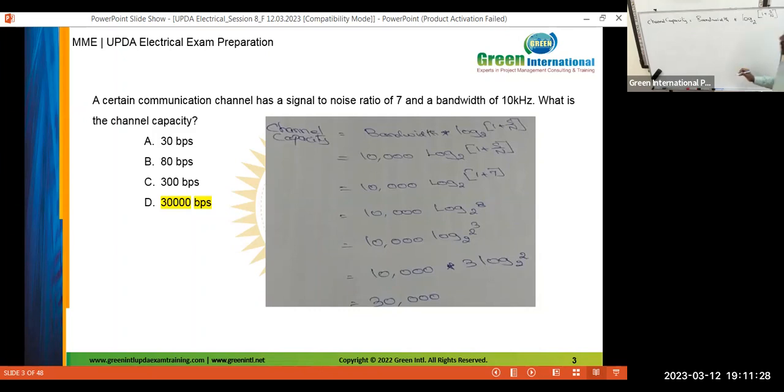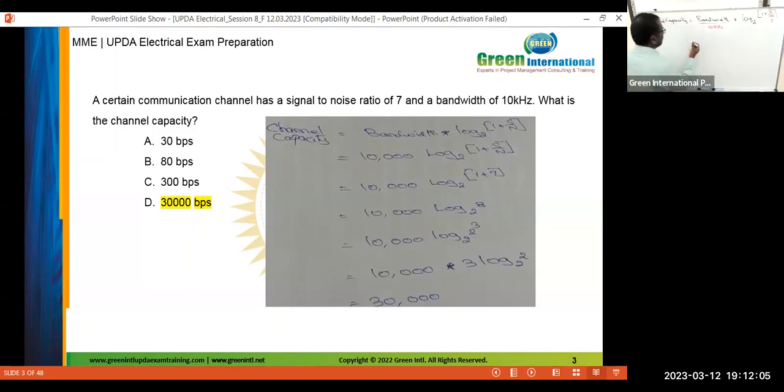In the given data, the bandwidth is 10 kilohertz and the signal to noise ratio is 7. In your question, the given data is the same. So simply we need to substitute these two numbers in the equation.